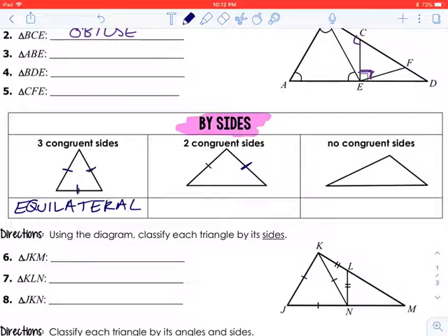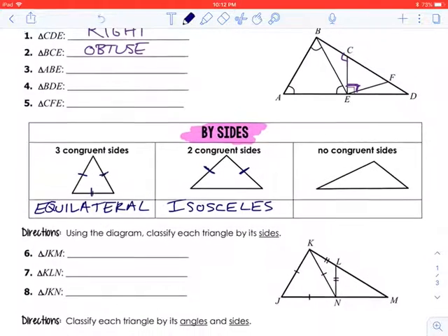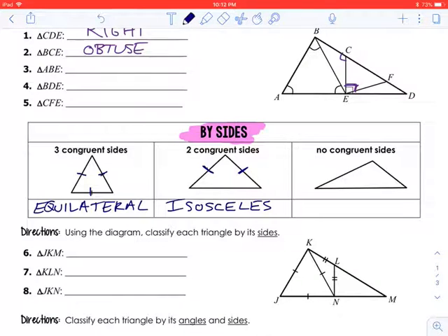And then if there are 2 congruent sides, that's called isosceles. That one's kind of hard to spell. And the last one, if there are no congruent sides, none of the sides are the same length, they're all different, that's called scalene. That's a scalene triangle.